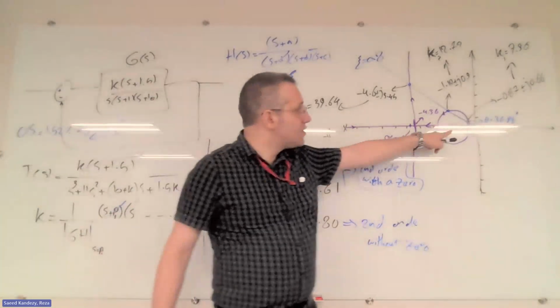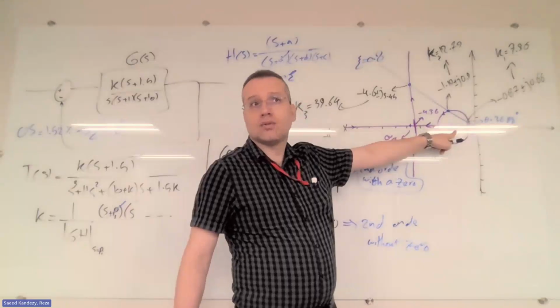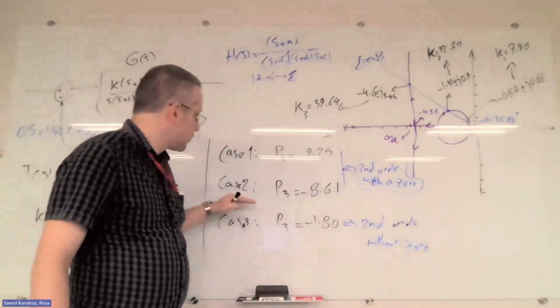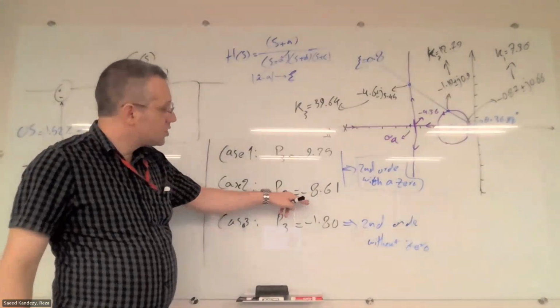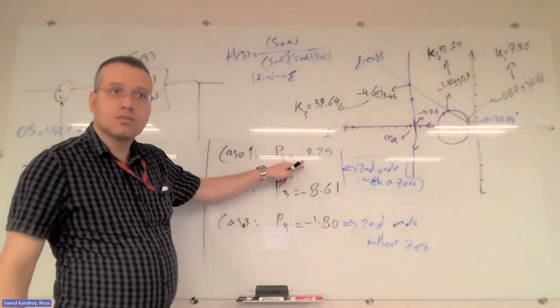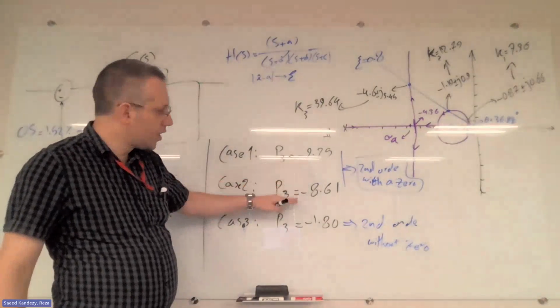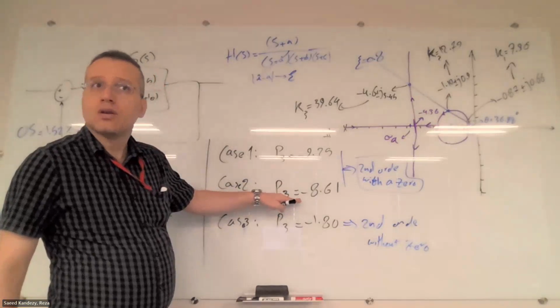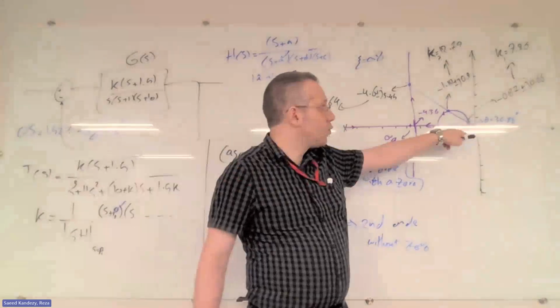But we also have a zero that we cannot ignore. So we have 2 poles and a zero. Same goes for case 2. It's not as good as case 1, okay? But still, it would not dominate much. So we would end up with 2 poles and 1 zero.